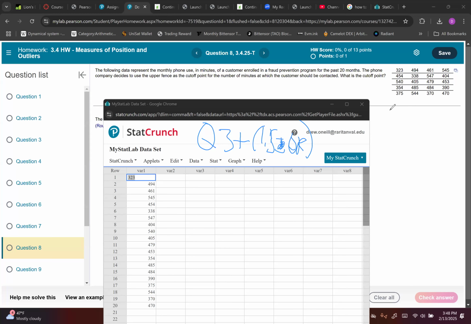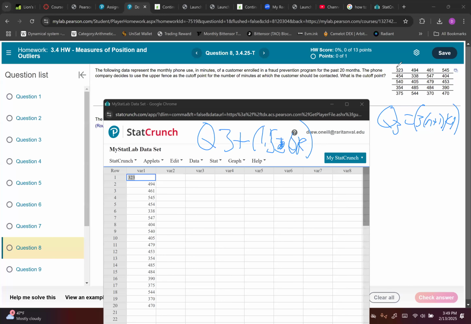So how do we calculate Q3? Q3 is given by the formula 3 times n plus 1, over 4. That's the term, right? So whatever term that is, that's the one that we use as the Q3 boundary. So let's say for this, how many data points do you have? 1, 2, 3, 4, 5, 6, 7, 8, 9, 10, and so on. This is hard to do by hand because it's not ordered. But we use that formula.